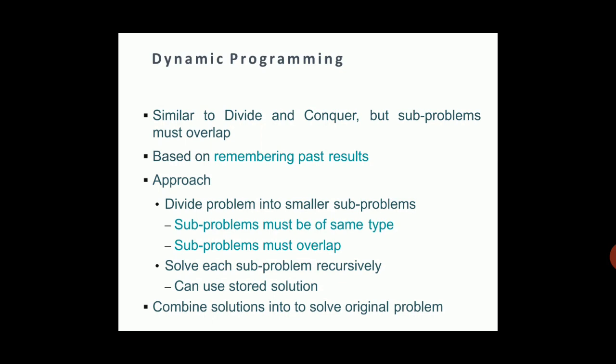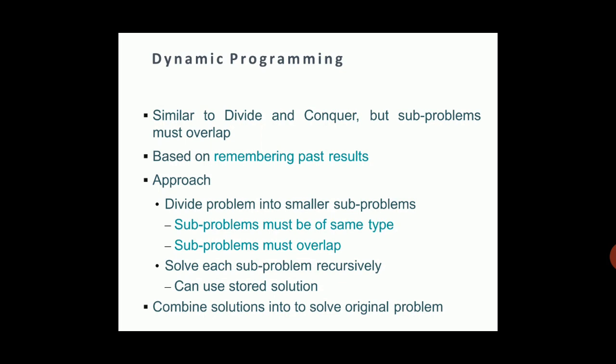It is a method to solve problems exhibiting the properties of overlapping subproblems and optimal substructure, and it takes much less time than the naive method. Like divide and conquer, we divide our problem into subproblems, but here the subproblems overlap. It is based on remembering partial results.